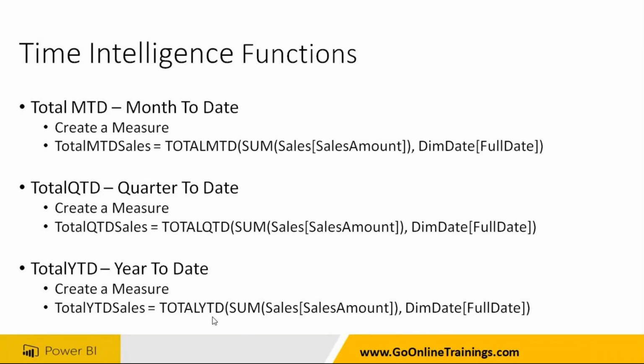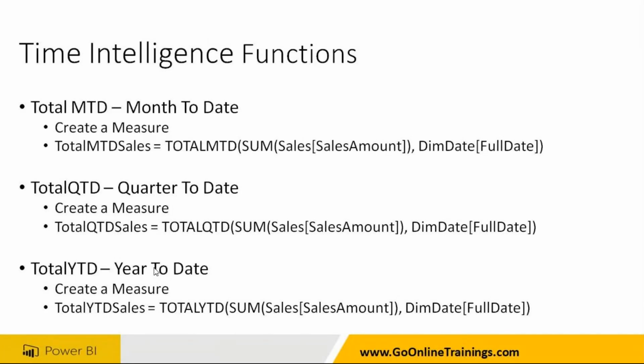Like that, it is going to be creating aggregations or running totals based on the year, the quarter, the month. Running totals month wise, quarter wise, year wise. Am I clear? This is what is called total MTD, total QTD, total YTD.